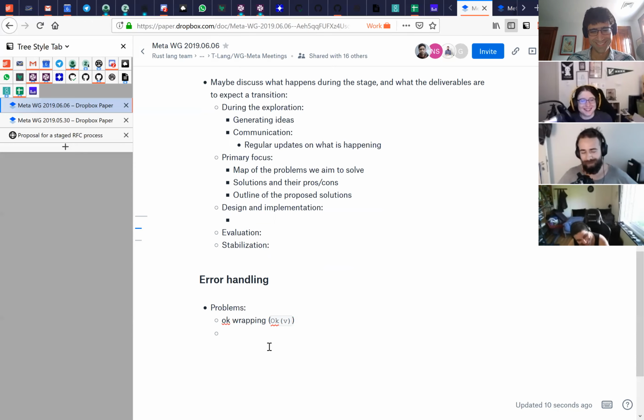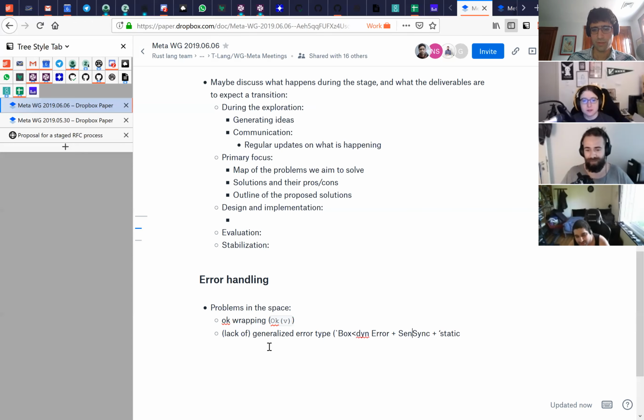Then I'd say there's the thing where if you want to have a generalized error type, it's kind of painful, right? Like a Box of dyn Error plus Send plus Sync plus static. It's kind of painful to write out every single time. Yeah, it's just verbose.